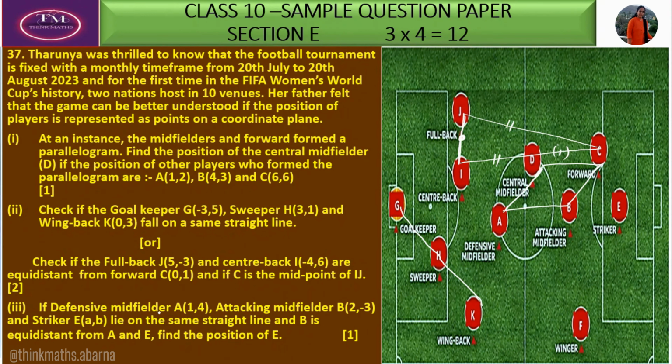Next one, third question. If defensive midfielder A of 1, comma 4, attacking midfielder B of 2, comma minus 3 and striker E of a, comma b lie on the same straight line and B is equidistant from A and E, find the position of E. Now here A, B, E are in a straight line, and another clue is B is equidistant from A and E. So AB is equal to BE.